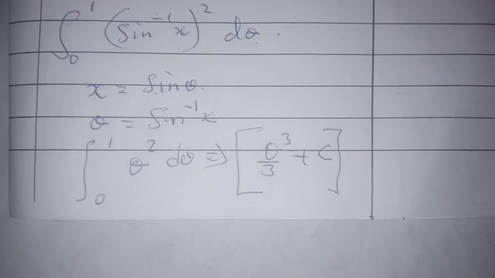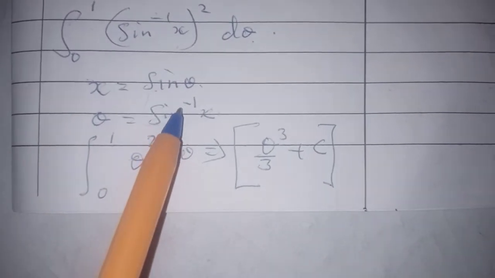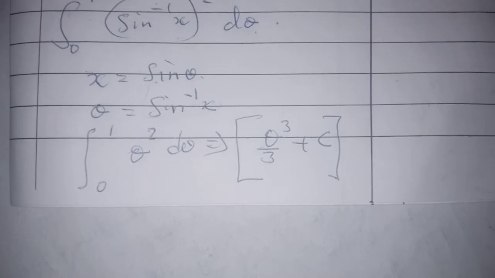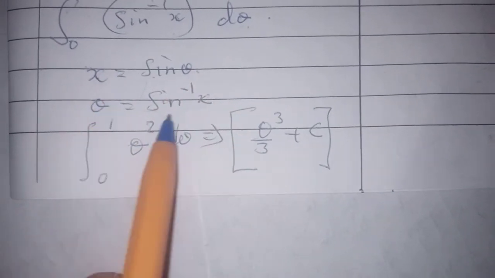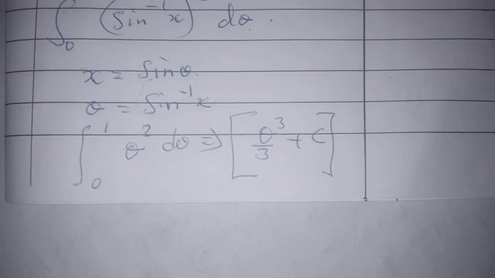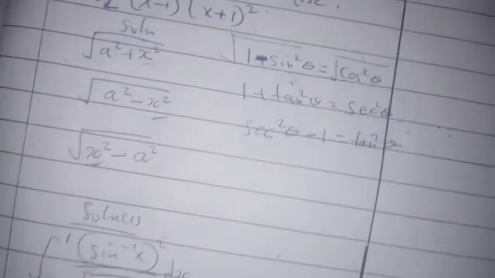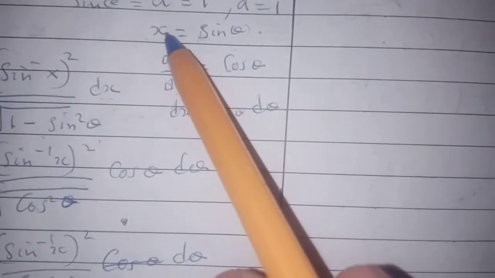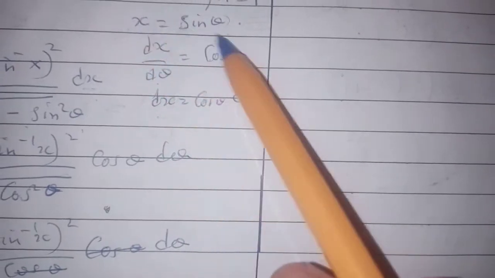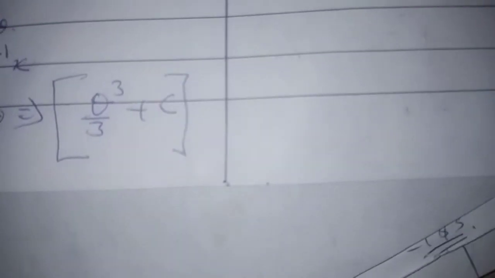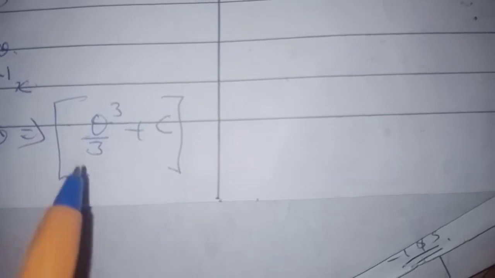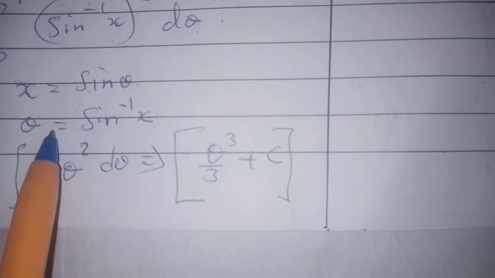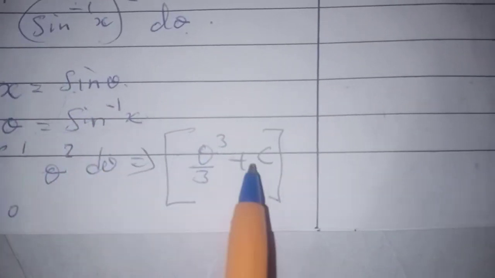Our theta was sine inverse of x. We can see here, our theta is just sine inverse of x. Or we can go back to our substitution. We substituted x to be sine theta, so our theta is just sine inverse of x. Therefore, theta cubed will be just sine inverse of x cubed. Now we turn this function in terms of x as it was given.